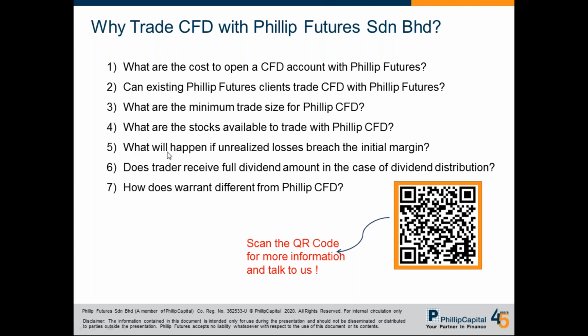The fifth question: what will happen if the unrealized losses breach the initial margin? In the case of overloss, just for your information, our company has an overloss policy, which means if the money in your account is less than 50% of the margin required, we will give you a call. We will inform you that your account is currently low equity.